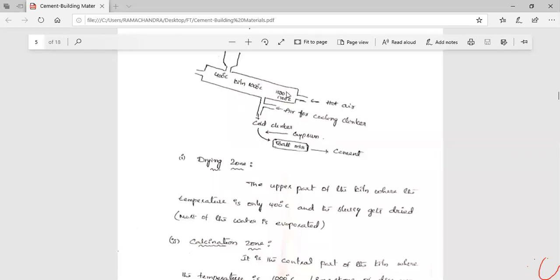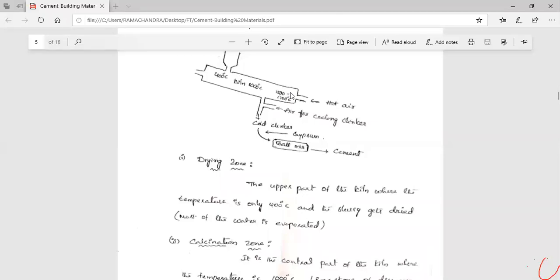So after the center part of the kiln, we get only calcium oxide. This calcium oxide, as we further increase the temperature to 1500 to 1700 degrees Celsius, reacts with clay to give calcium aluminate and calcium silicates.